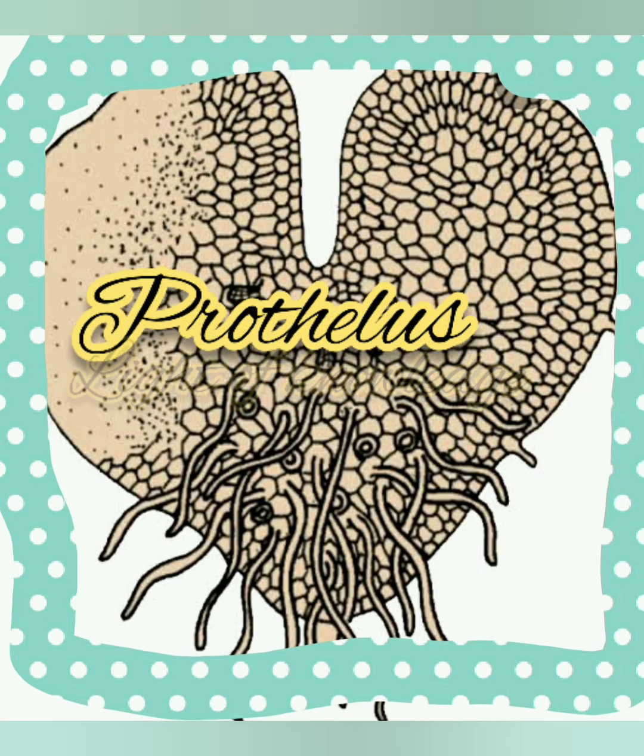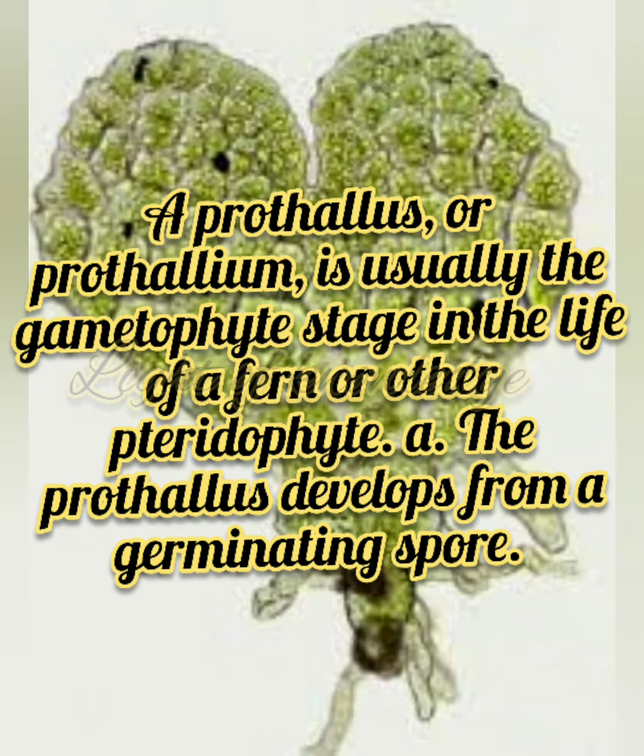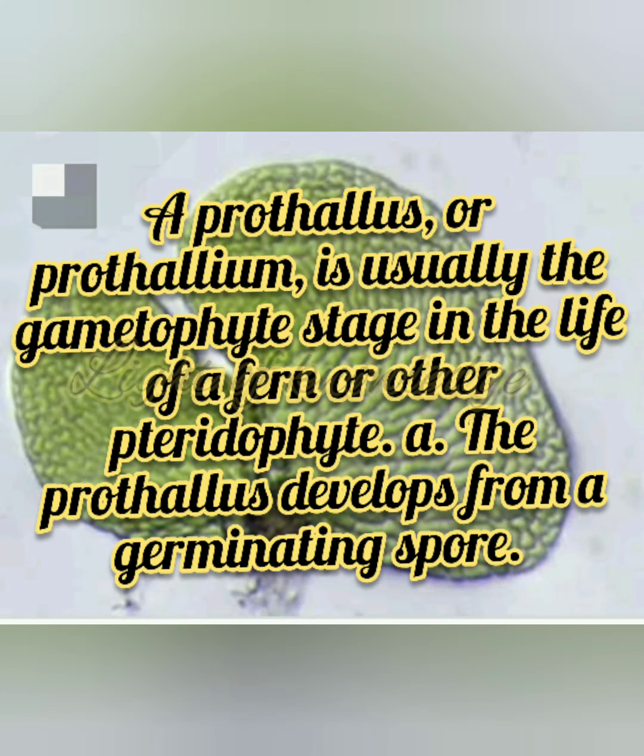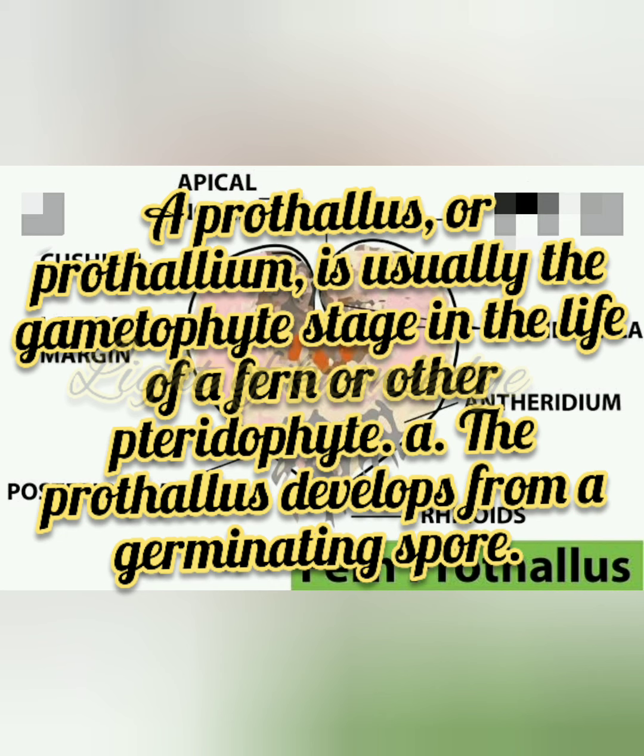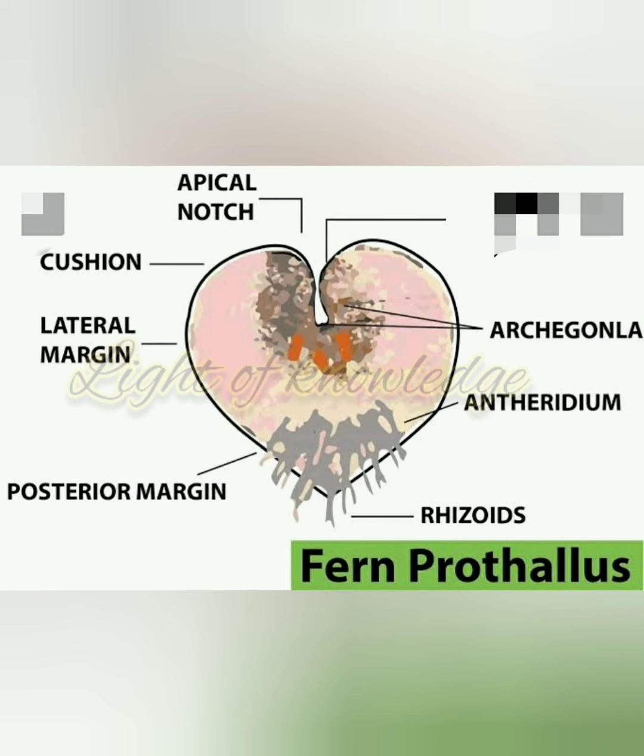Prothallus, the structure of prothallus. Prothallus is usually the gametophyte stage in the life of a fern or other pteridophyte. The prothallus develops from a germinating spore. In this picture, we can see the structure of a fern prothallus.